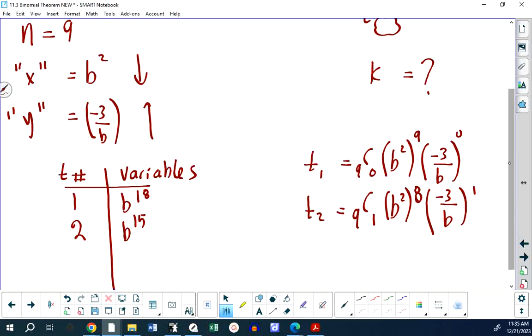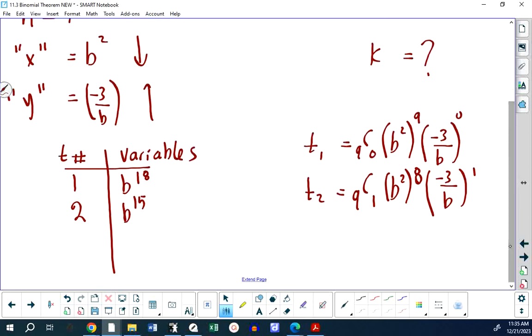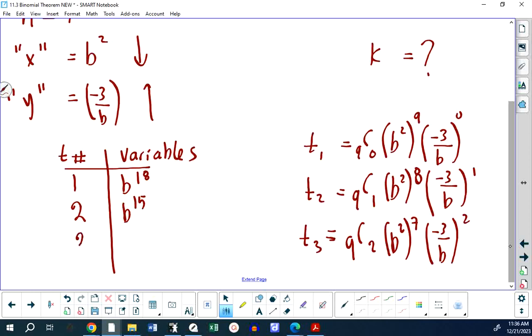And what I'm getting at, we can do the third term if you like. The third term would be 9 choose 2. It would contain b squared to the 7 and negative 3 over b to the 2. And if you say b squared to the 7, that's b to the 14 over b squared, well, that's b to the 12.